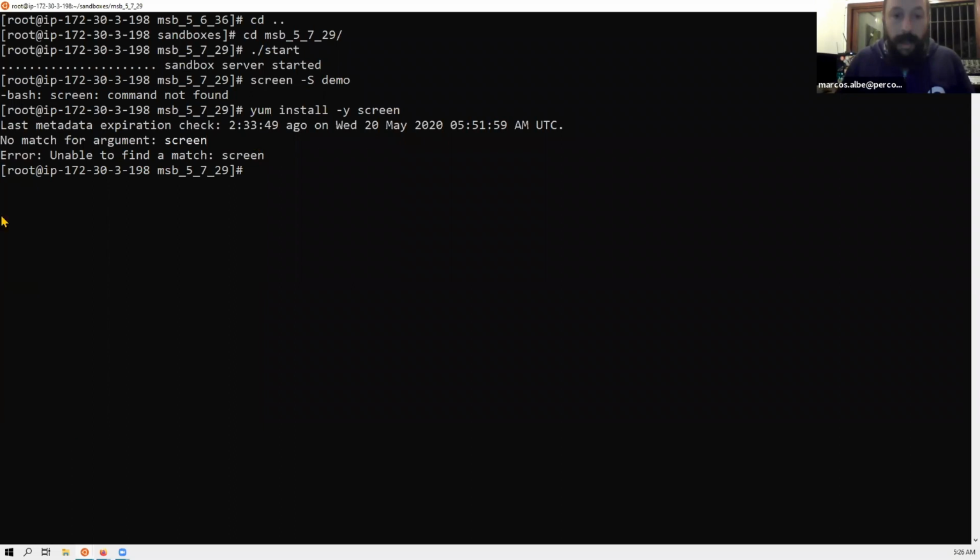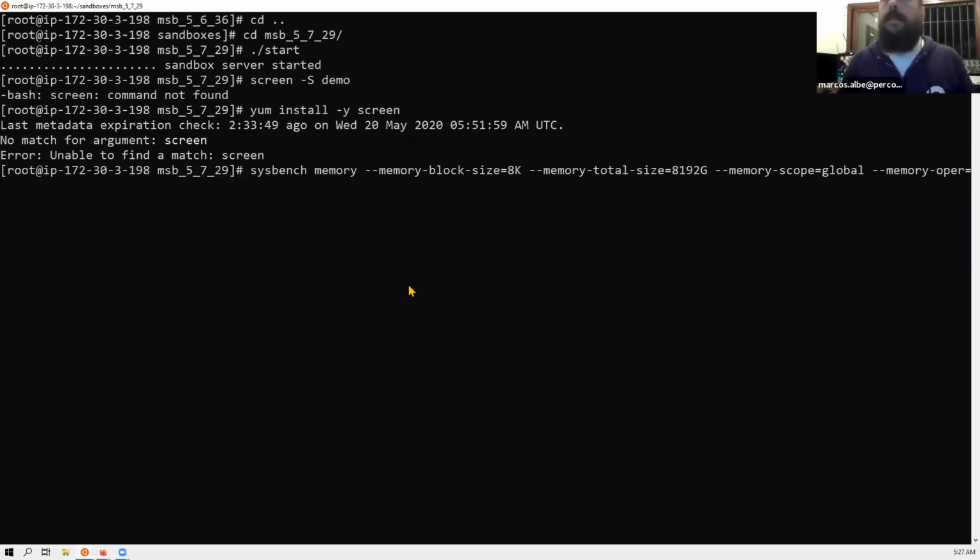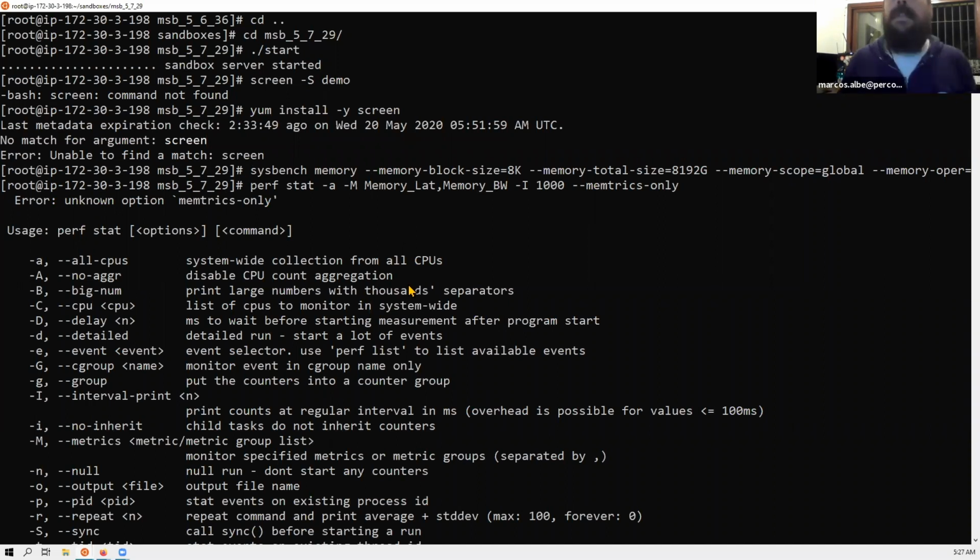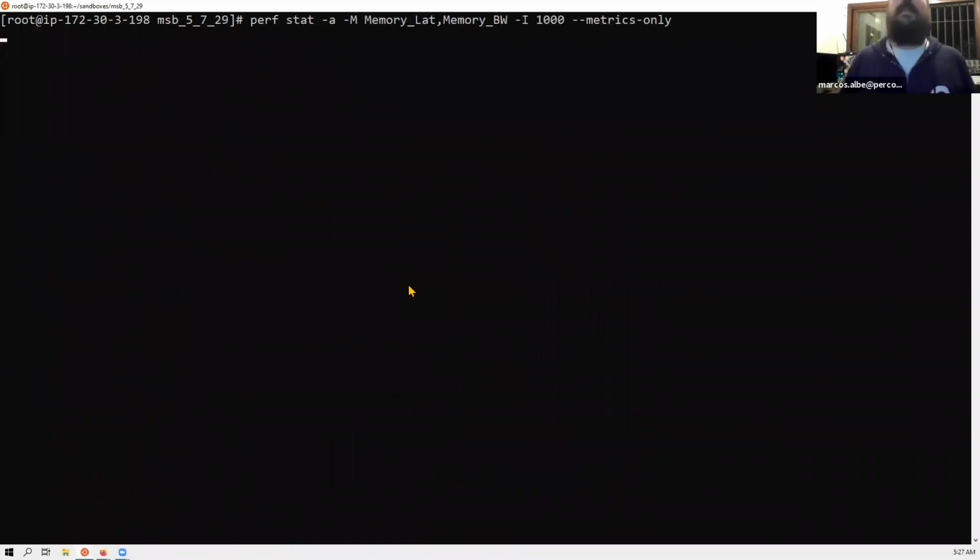At the same time, I'm going to run perf stat with -d -a, for memory latency and memory bandwidth, every 1,000 milliseconds, and I want the metrics only.